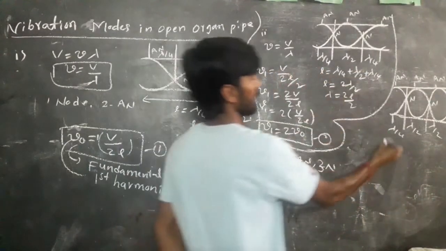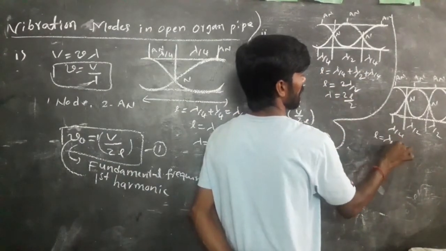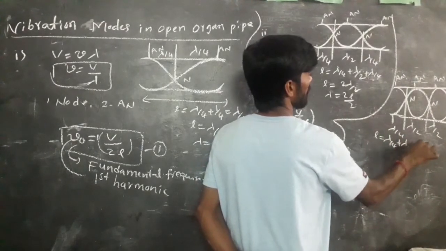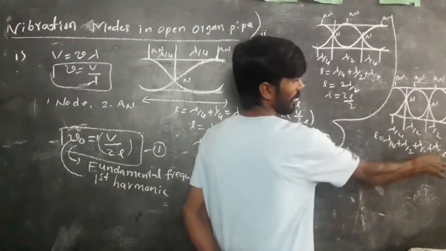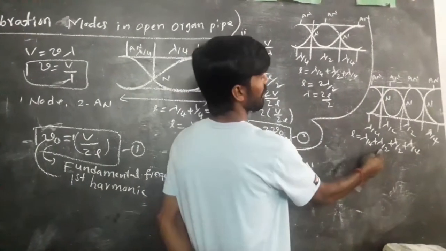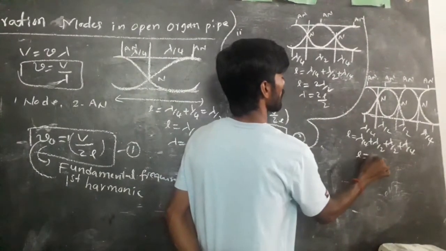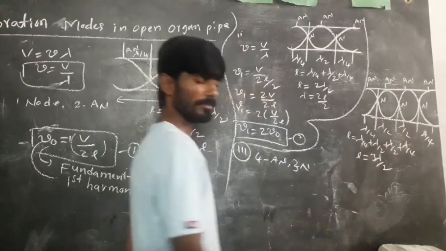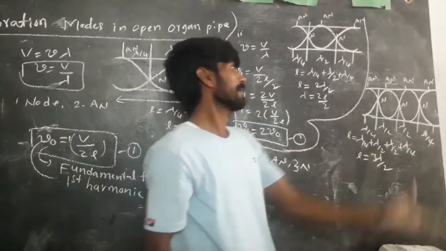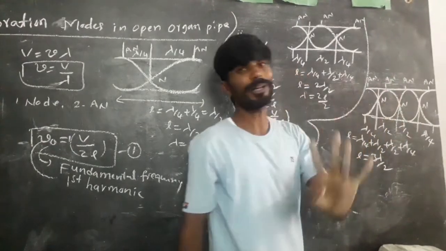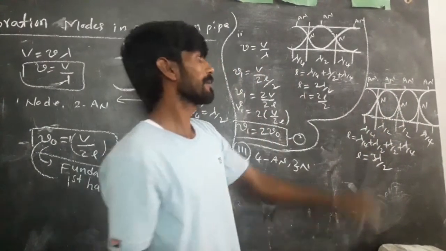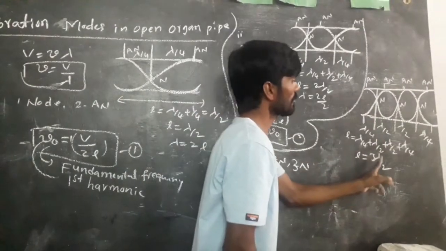So totally L is equal to lambda by 4 plus lambda by 2 plus lambda by 2 plus lambda by 4. Lambda by 4 plus lambda by 4 is equal to lambda by 2. Lambda by 2, lambda by 2, lambda by 2. So L is equal to 3 lambda by 2. This means when stationary waves travel through the open organ pipe with 4 antinodes and 3 nodes, the length of the air column L is equal to 3 lambda by 2.